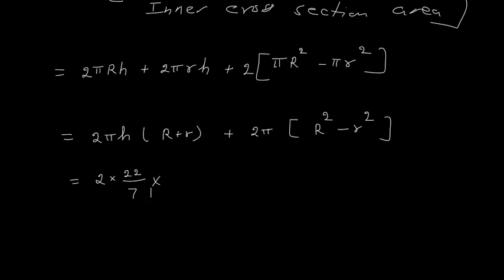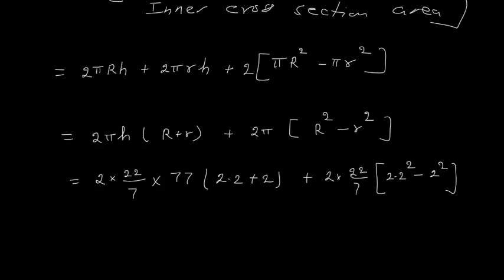So this is 77 into capital R is 2.2, small r is 2, plus 2 into 22 upon 7 into capital R square, that is 2.2 square, minus 2 square. So this will cancel. Here I have 7 1s are 7, 7 1s are 7, so this is 11.